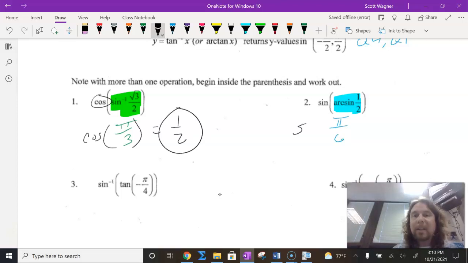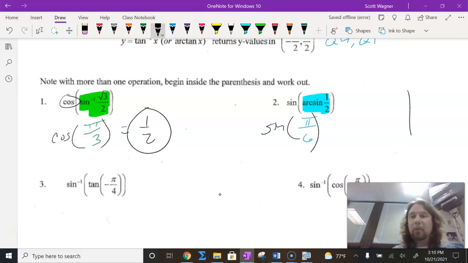I want to figure out what is the sine of pi over 6. I can go back to the hand trick, or the triangle method. Maybe I'll go to the triangle method and draw in that triangle. Pi over 6 is the same thing as 30 degrees, so that's my reference angle. I'd say that's a 1, that's a root 3, and that's a 2.